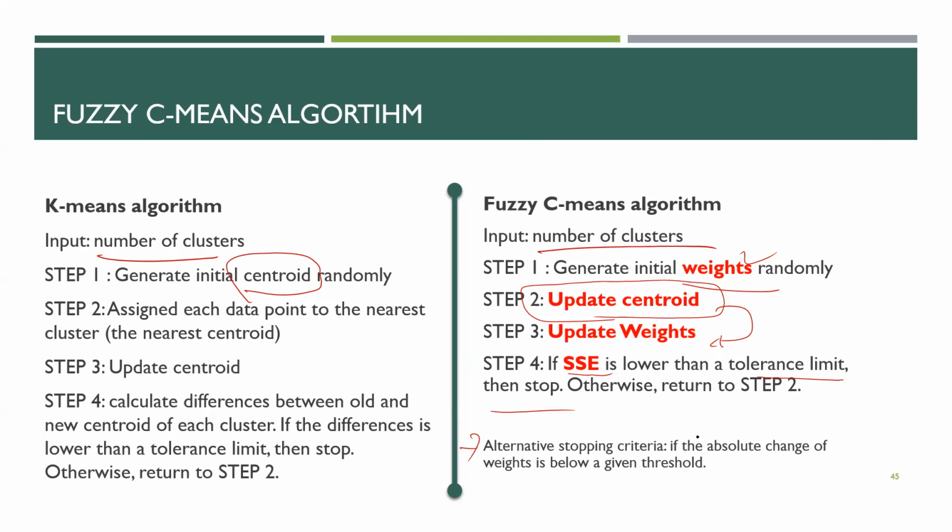So we calculate the differences between the weights before and after updating, and if it is below a given threshold, then we can stop. It means that the data is not changing anymore, not moving to a different cluster anymore. It has already converged.